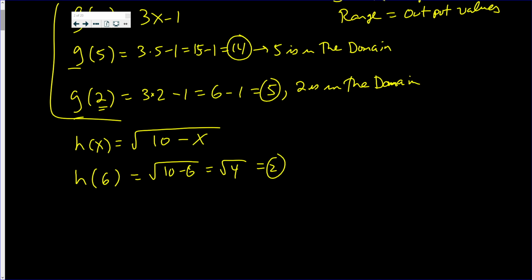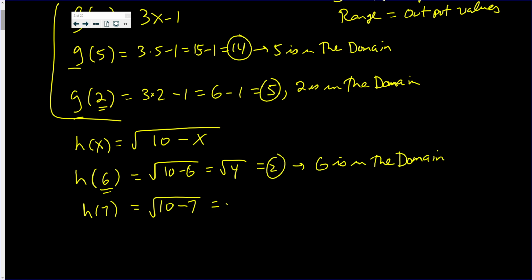Since I got back an intelligent answer, we say that 6, the input, is in the domain. H of 7 is, well, 10 minus 7, it's the square root of 3. That's an intelligent answer. So 7, the input value, is in the domain.